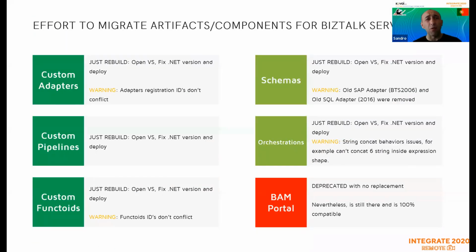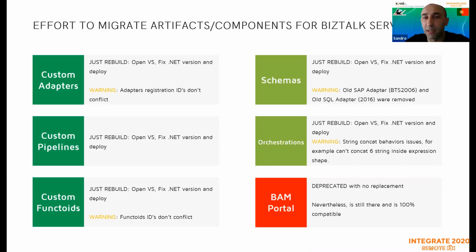But if you go one by one, like custom adapters, custom pipelines, custom functoids, you just rebuild and deploy. Okay, it's simple as that. You just need to worry about IDs, may have some conflict. Schemas, schemas is the same as in 2004, no? It's almost no difference. You may have some problems with schemas because the adapters were removed.